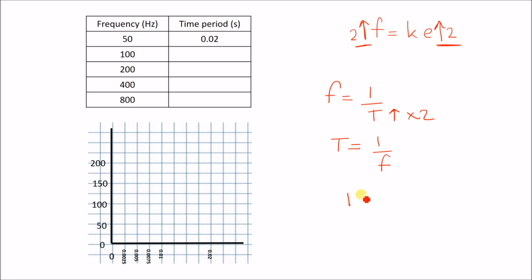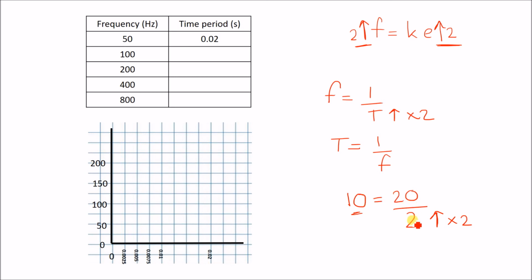Let's have a look at some maths to help us understand this. If I say that the frequency is equal to 10, and that is equal to 20 divided by 2, and I double the 2, what am I doing to this number here? Well, 20 divided by 2 is equal to 10.